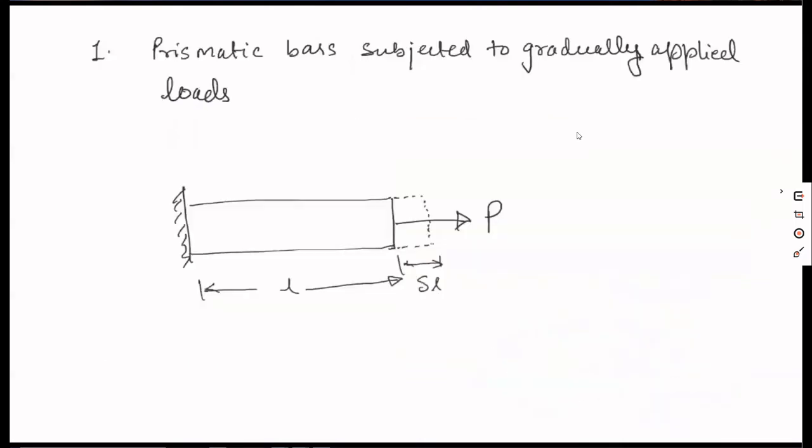We are starting with the first case, a prismatic bar subjected to gradually applied loads. Now consider this bar, fixed from one end, and we have applied a load P here.